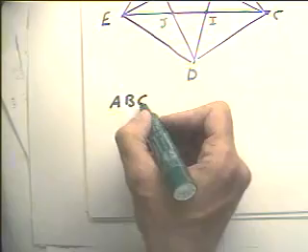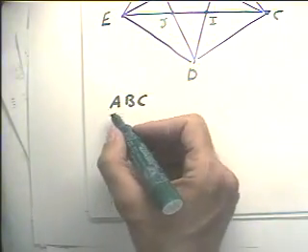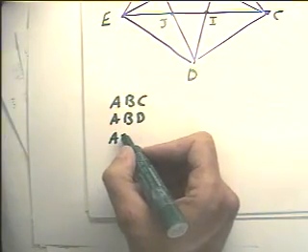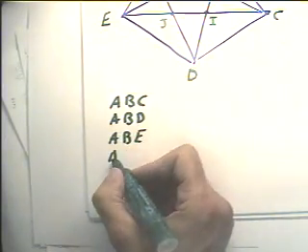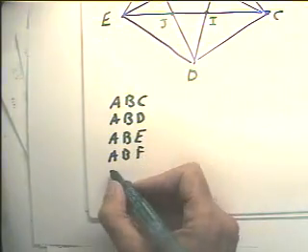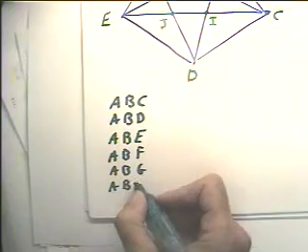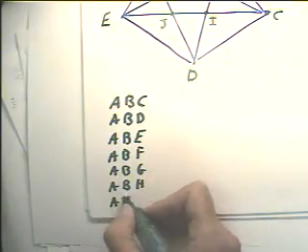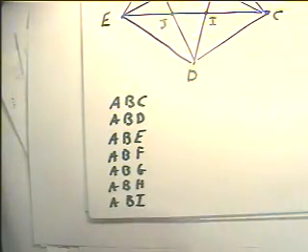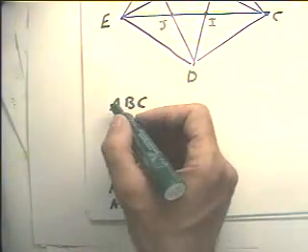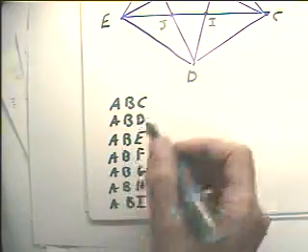We start with A, B, C, and then we'll go A, B, D, A, B, E, A, B, F, A, B, G, A, B, H, A, B, I. Now, not all of these possibilities are going to form triangles, but these are the only possibilities for triangles that start with A and go in alphabetical order.